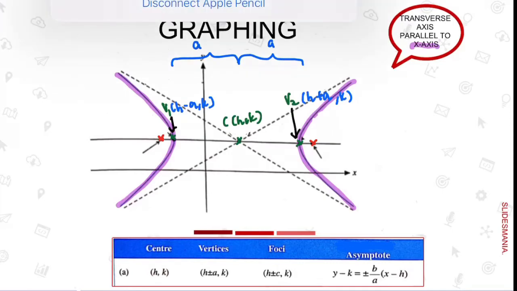Next, let's see our foci. Your foci are these 2 points here. Let's name them F1 and F2. How about the coordinates now? From (h, k), you have to go back as much as distance c, because the distance from your center to your foci is c.